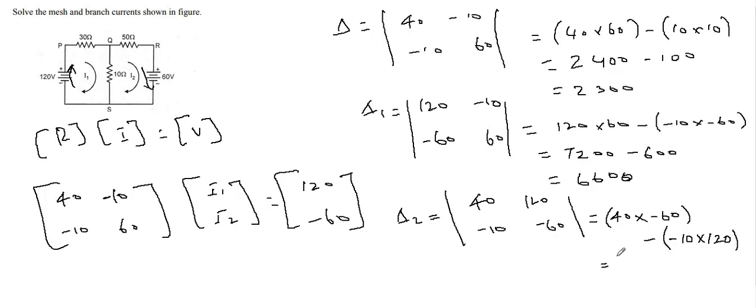It is minus 2400 plus 1200, which is minus 1200.